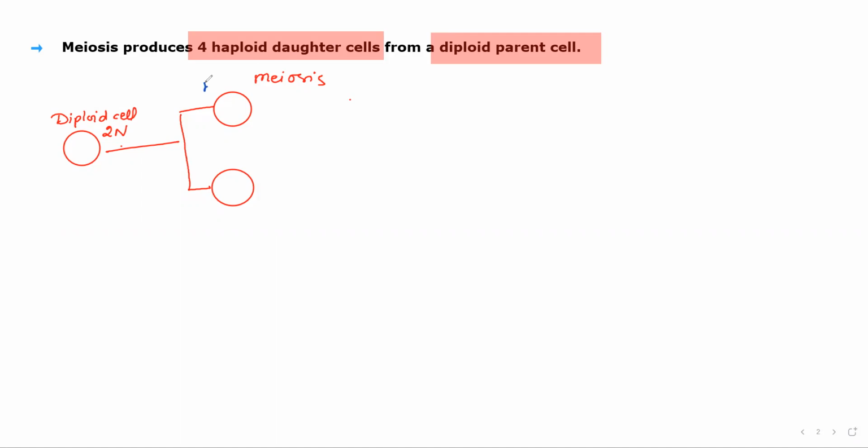This is haploid, n, here also n number of chromosomes. So meiosis produces 4 daughter cells from the diploid parent. Here you can say this is the diploid parent cell.